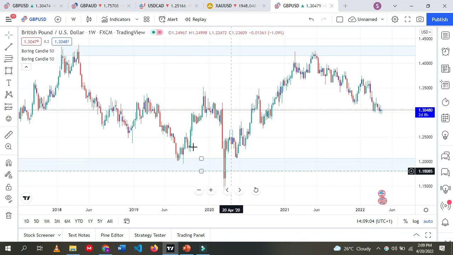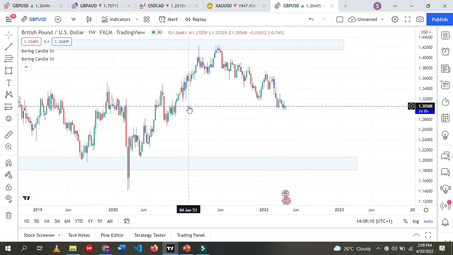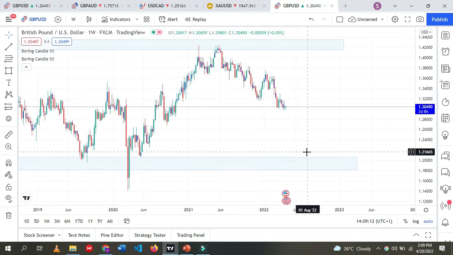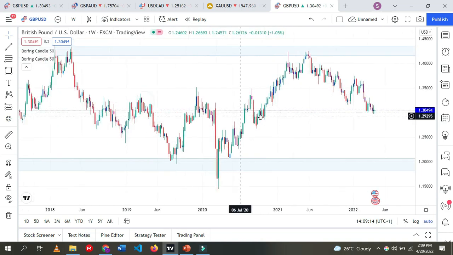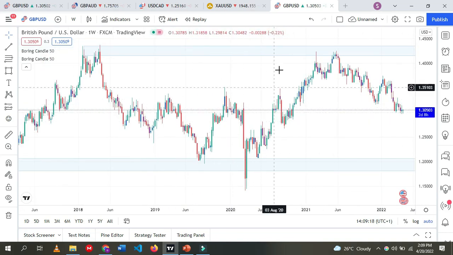Let's make this one C. From that place, it moved back here to this level. Now, we're expecting price to actually come back here, because let's draw the levels here.